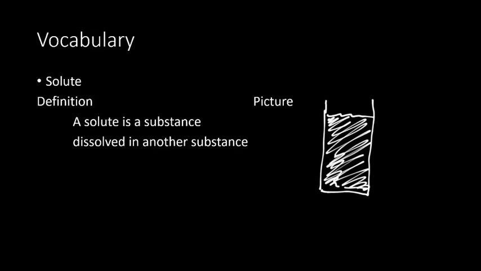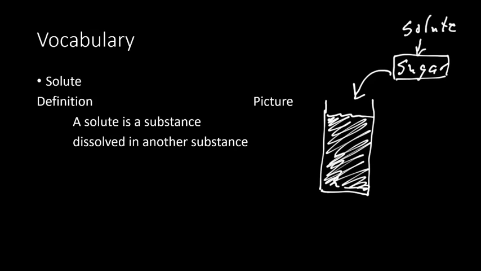To make it sweet, we've got to put some sugar in there. Once we have that sugar dissolved, this right here is going to become our solute, because it is what got dissolved into that water, into that tea. So the sugar is going to be your solute.